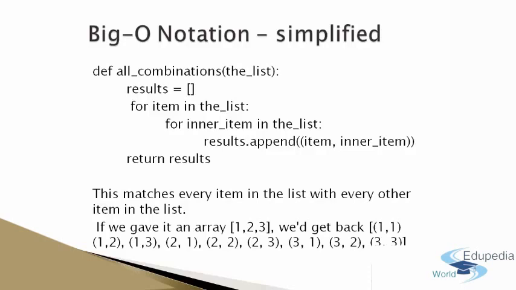So we are making sure of how many combinations of elements can be formed with this array. This matches every item in the list with every other item in the list. So if we give array 1, 2, 3, we'd get back 1 with 1, then 1 with 2, 1 with 3, then 2 with 1, 2 with 2, 2 with 3, 3 with 1, 3 with 2, 3 with 3.